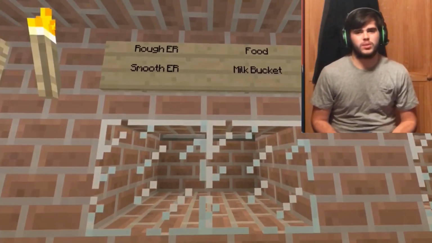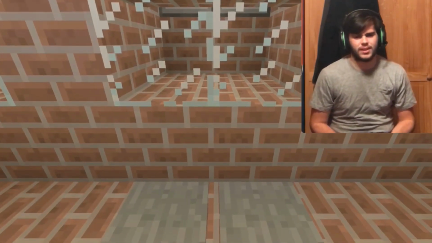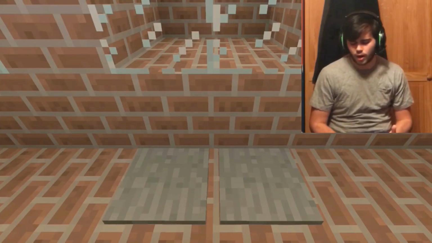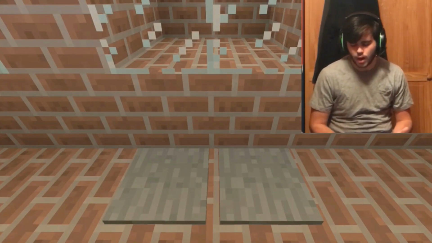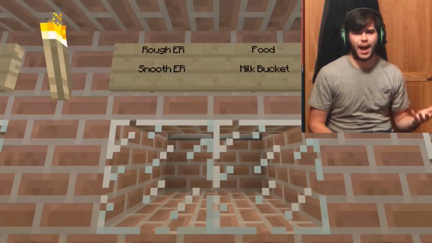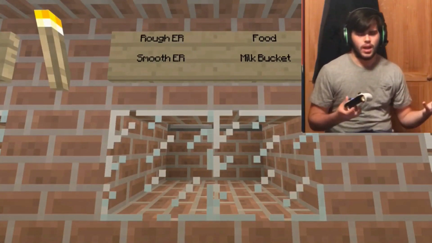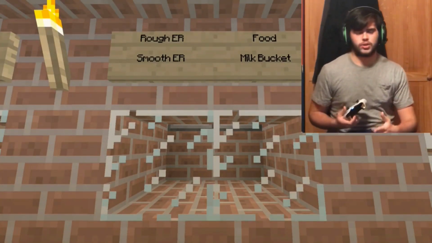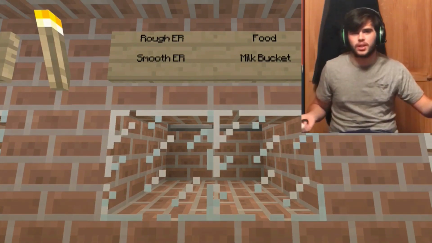Next we have the rough and smooth ER, and I compare these to two different things. The rough ER I compared to food because it's kind of like a big packaging factory. I say that because the ribosomes go onto it and it becomes protein.